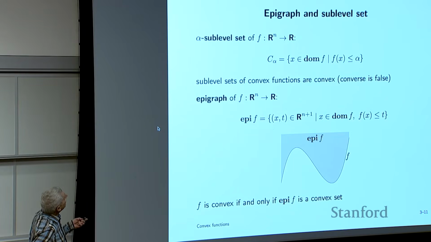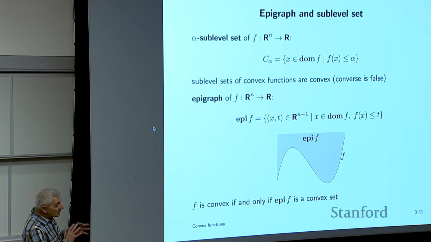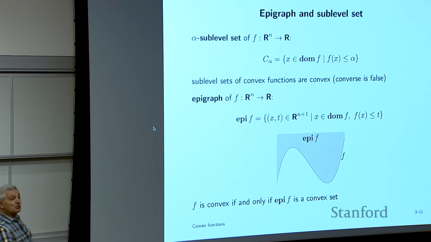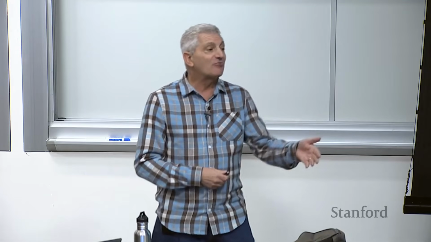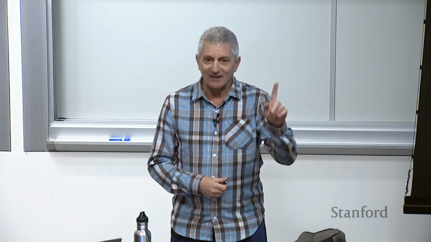Okay. So there's a connection between these things. The very important one is the concept of a sublevel set. A sublevel set of a function is the set of all points where the function value is less than alpha. That's super interesting, right? When f becomes an objective in an optimization problem, these are all the things that perform at the level alpha and better, because I'm minimizing f, let's say.